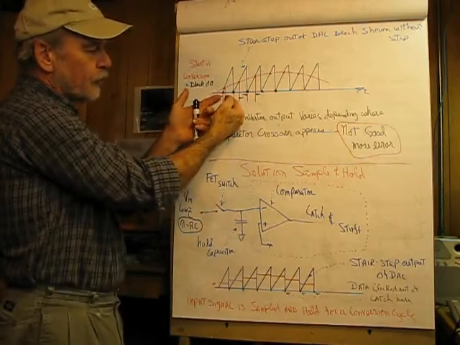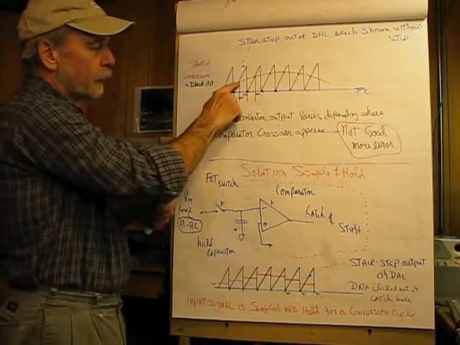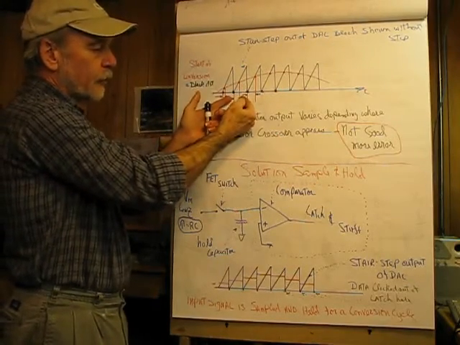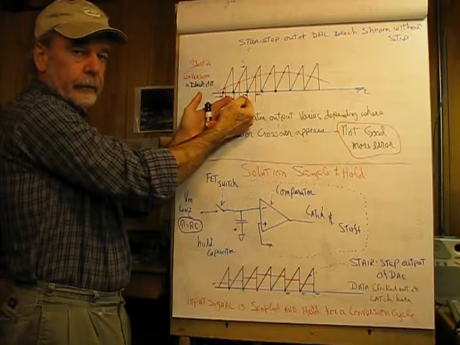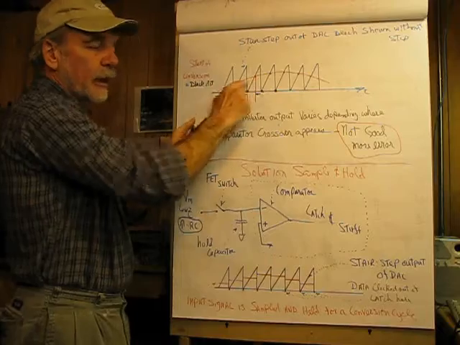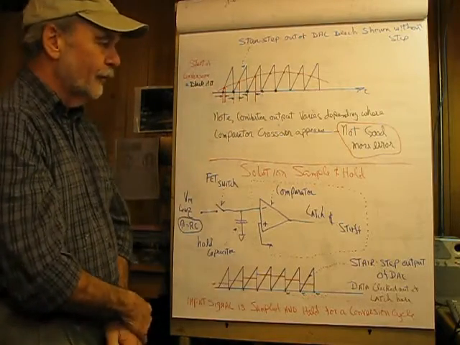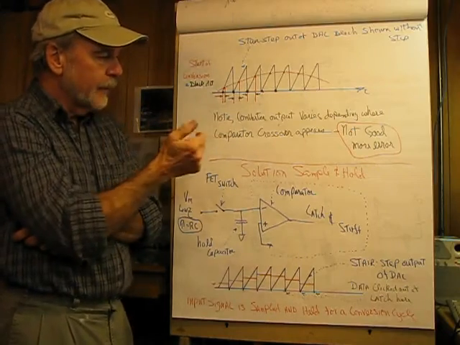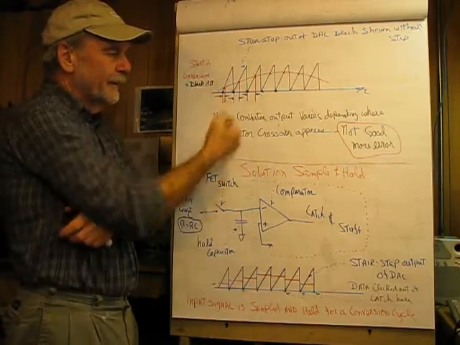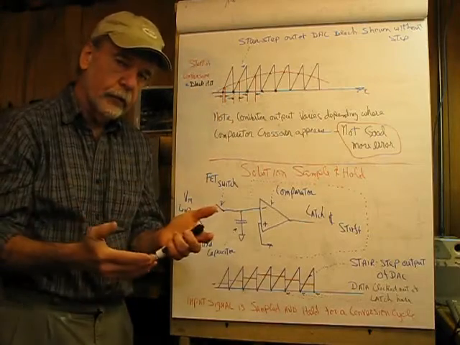So it took this much time to convert. Here, since the voltage is rising, crossover occurs here, which takes more time for the stair-step to get up there. And here it's even worse yet, since it has to count up higher until the crossover. So what we have here is a problem with regard to timing, where the actual output is going to be dependent upon where crossover occurs.